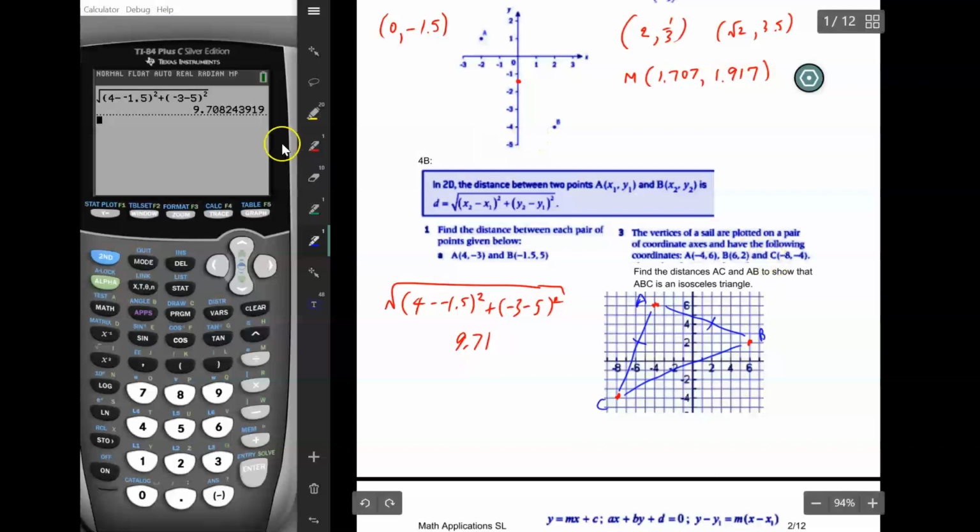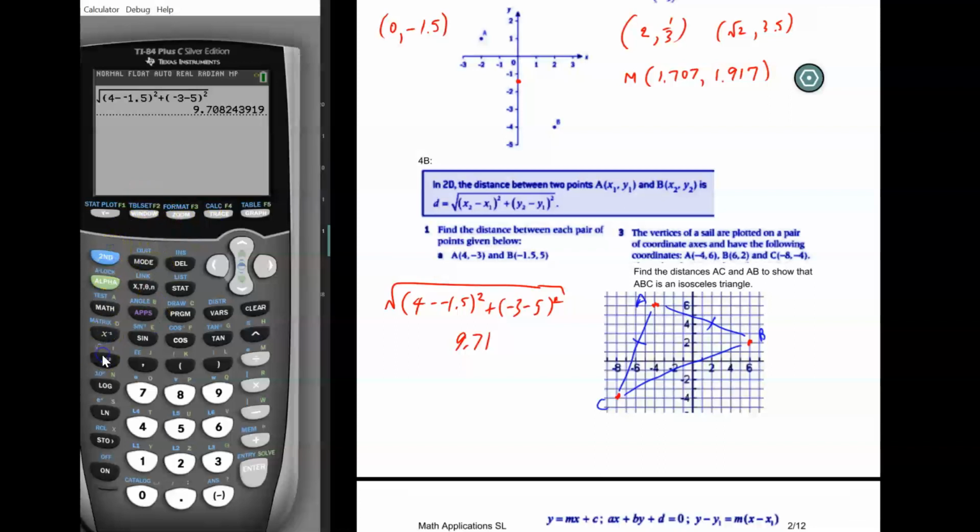So let's do square root, and then first let's do AB first because they're next to each other. So we'll do negative 4 minus 6, we're grouping the x's together, squared, plus, and then remember this formula is in the formula booklet.